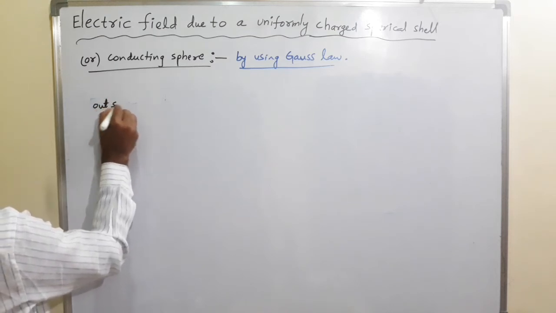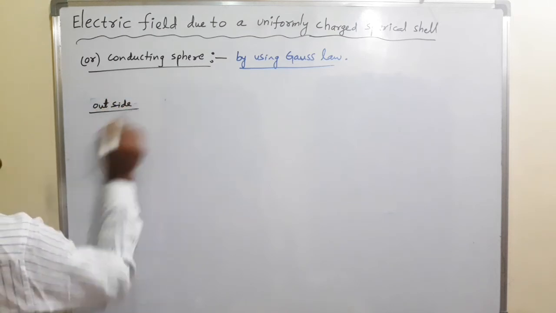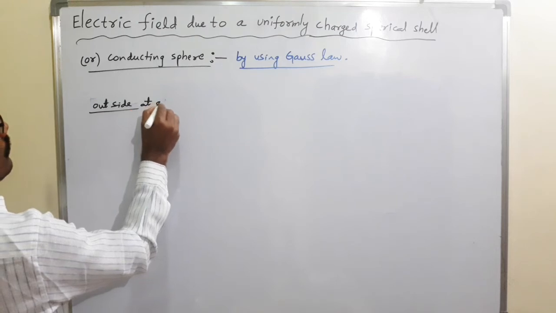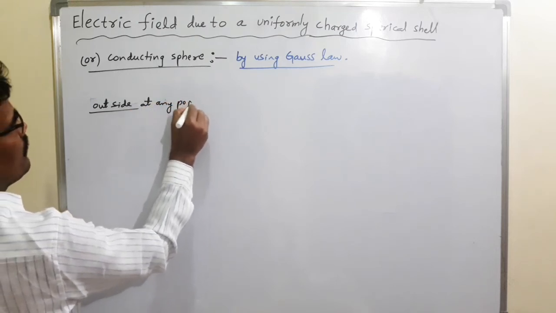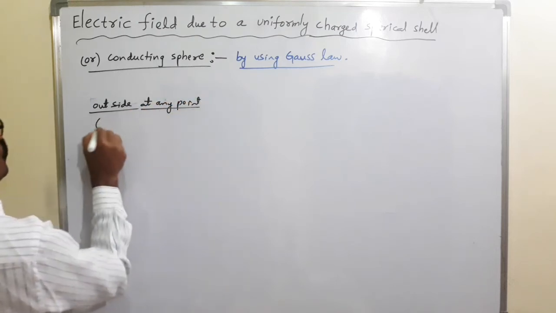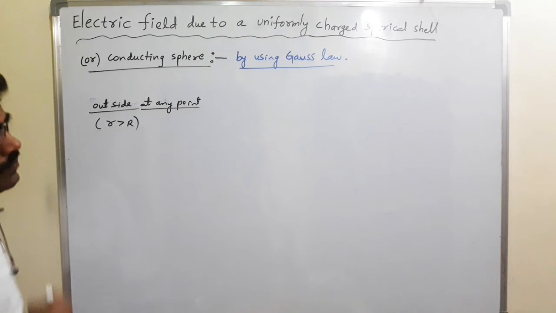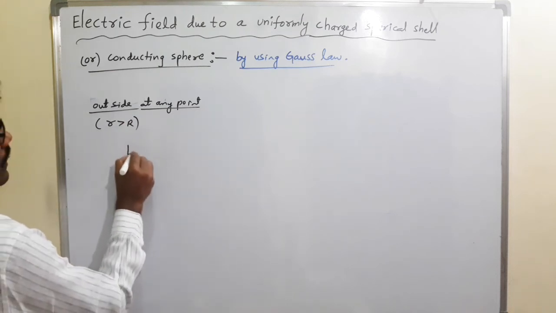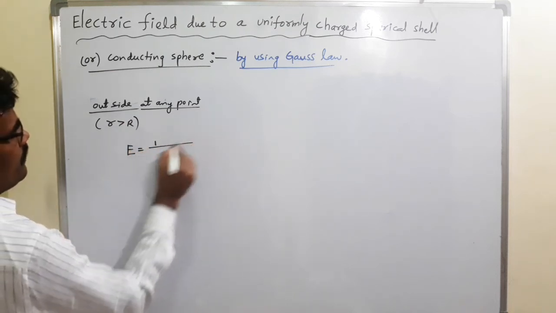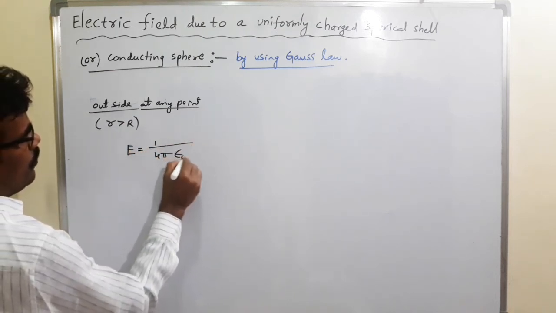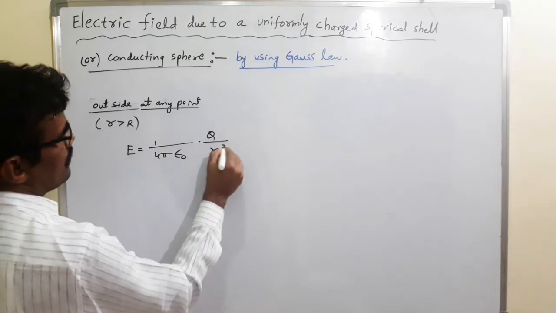Outside, at any point small r greater than capital R, the expression of intensity of electric field is 1 by 4 pi epsilon naught q by small r square.